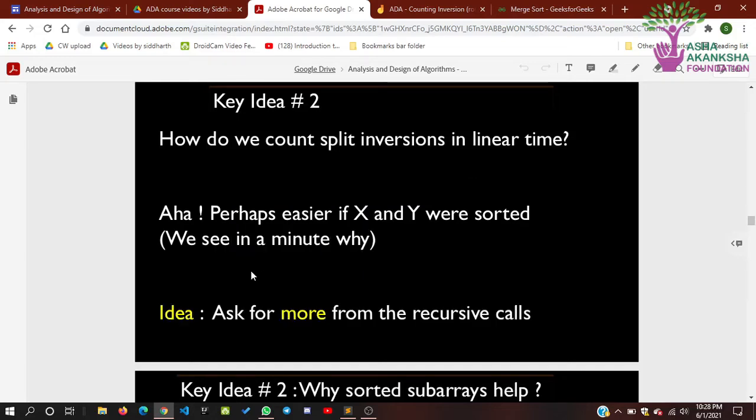Why do we land at the idea of making x and y sorted? Because in most cases, anywhere in computer science, whenever you make things sorted, things become much easier and much more workable.